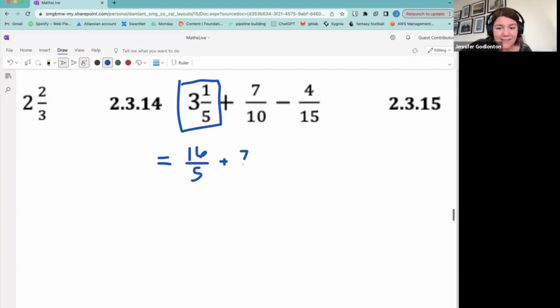Okay, while I'm writing this, I want you to start thinking, what's going to be my lowest common denominator? Okay, so 30 could work.